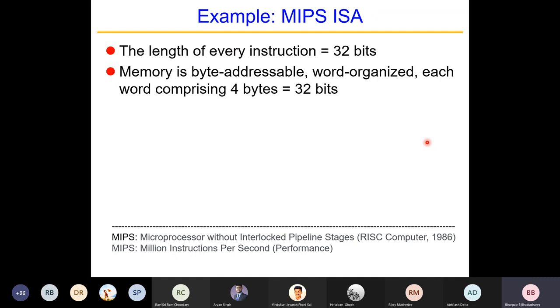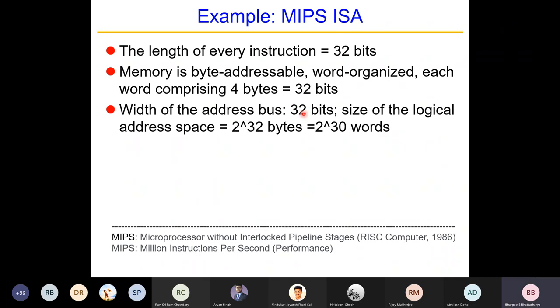Memory is considered to be byte addressable. It is organized as bytes. It's byte addressable, but word organized, in the sense that when you are transferring something, or talking about different kinds of operations, we are talking about words, and each word comprises 4 bytes. That means again 32 bits. But each byte is addressable.